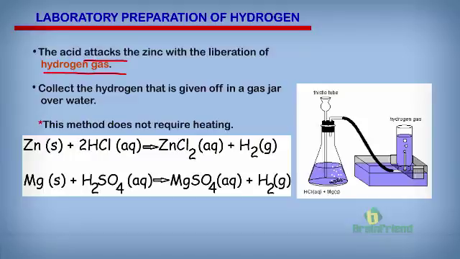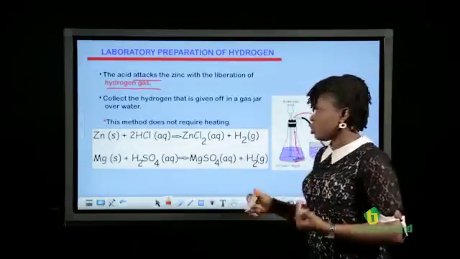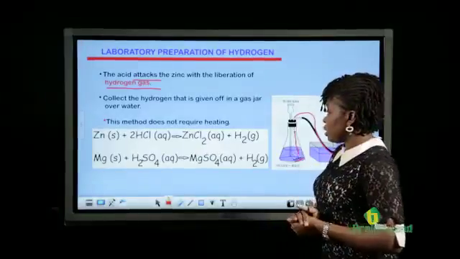This hydrogen gas that is liberated is collected in a gas jar over water. This method does not require heating. It is just the reaction of the acid and the metal that gives hydrogen gas, which is collected over water.